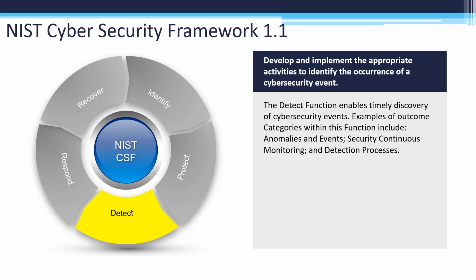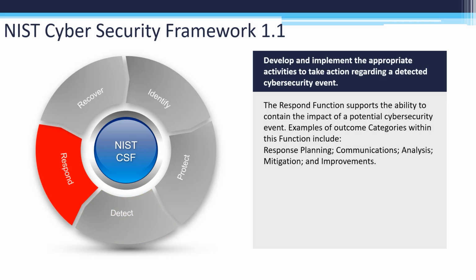On the detection side, we develop and implement the appropriate activities to identify the occurrence of a cybersecurity event. The detect function enables timely discovery of cybersecurity events. Examples of outcome categories within this function include anomalies and events, security continuous monitoring, and detection processes.